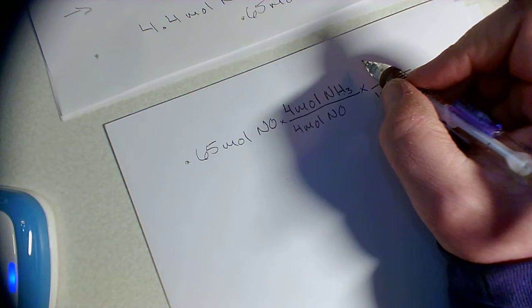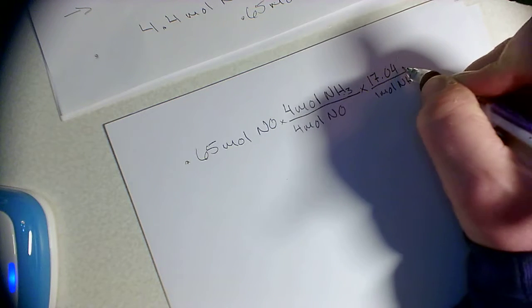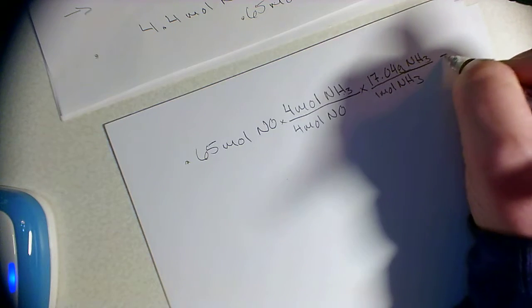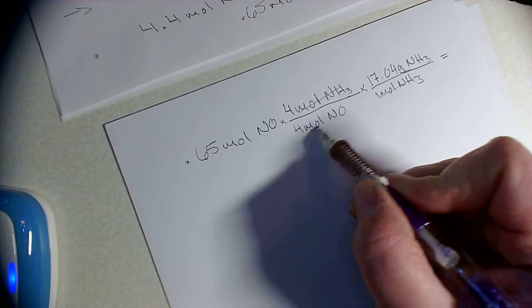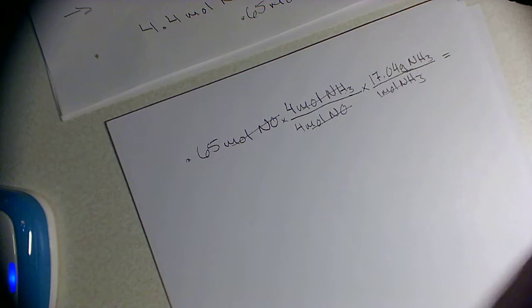The molar mass of ammonia is 17.04 grams ammonia. Let's check, things cancel out: mole ammonia, mole NO, mole NO, and that will indeed give us grams of ammonia. So now we button push it. 0.65 times 17.04.